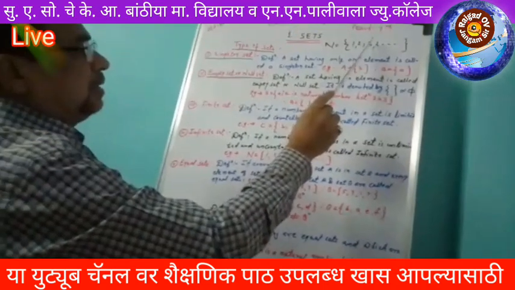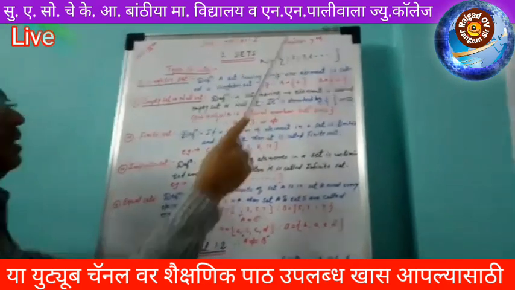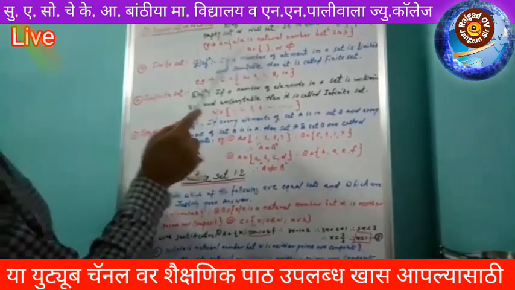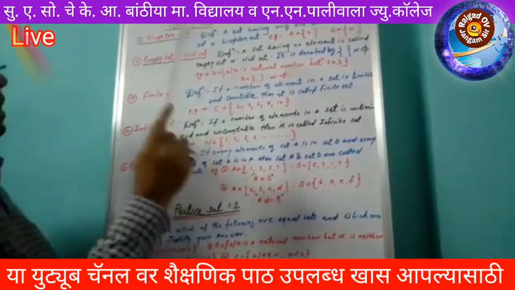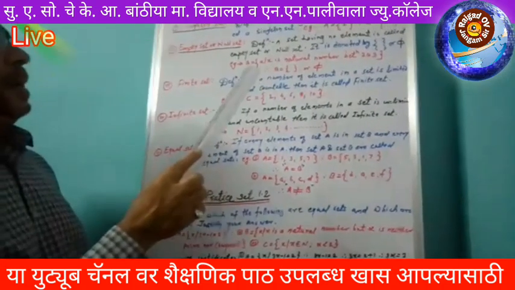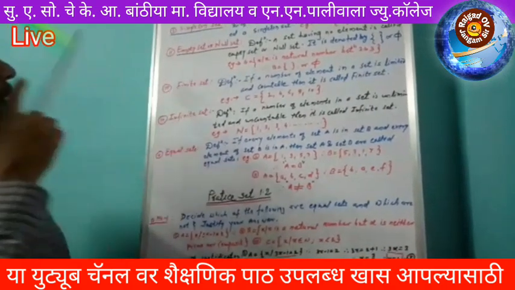See here, 2 and 3. There is no natural number between 2 and 3. Hence we write here set B equal to phi or empty curly bracket. It means that there is no element in the set B, hence it is an empty or null set.